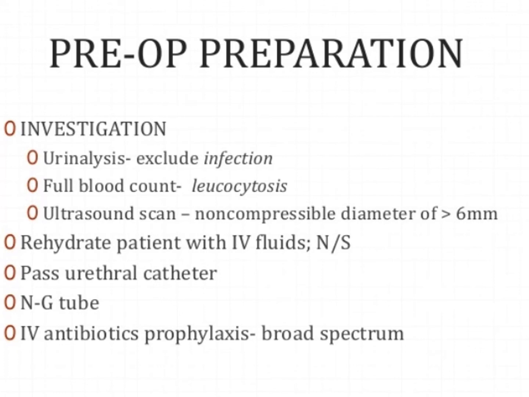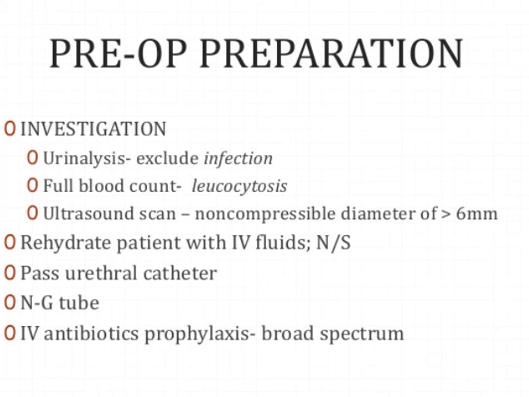Before subjecting the patient to appendicectomy, various investigations are to be performed. The main investigations are urine analysis to exclude pus in the urine, full blood count, and ultrasound scan to know the diameter of the appendix. For surgery, rehydrate the patient with IV fluids, pass a catheter if required, and put in a nasogastric tube.